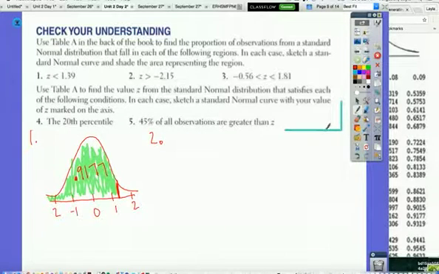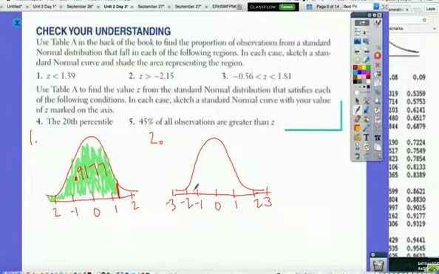For number 2, you want to find everything to the right of negative 2.15. So it tells you that you have a standard normal. And so what you have is close to negative 2, and you basically want to get everything to the right of that because it says greater than.